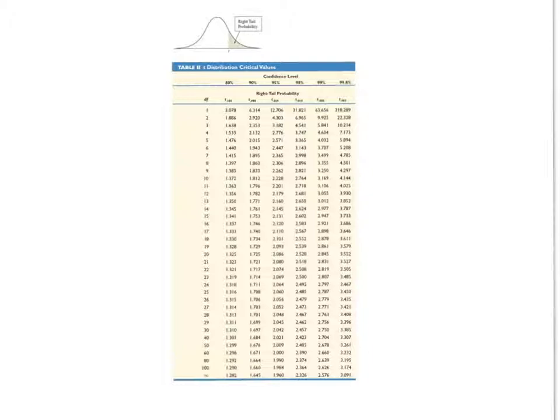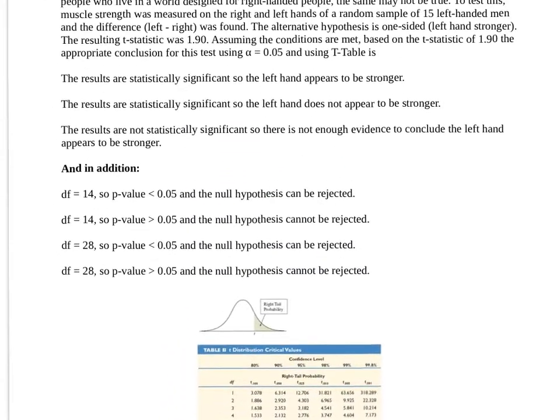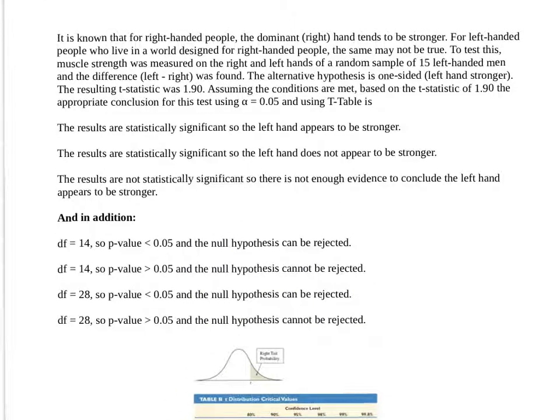Now what does that mean? If I go back up, we have a test statistic of 1.90, and the way this t-table works is the absolute value, that is, whatever number you have here, just make it positive, the absolute value of your t-statistic must be greater than the value in the table in order for us to have a statistically significant result.